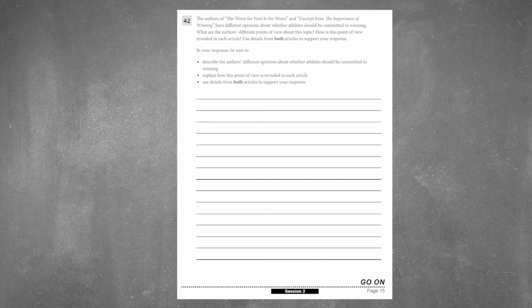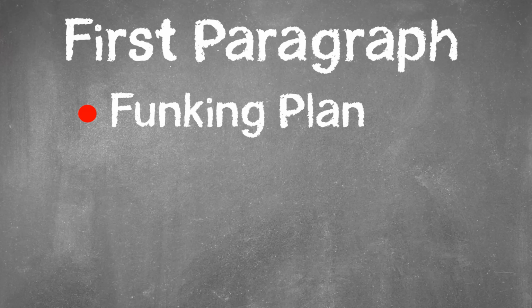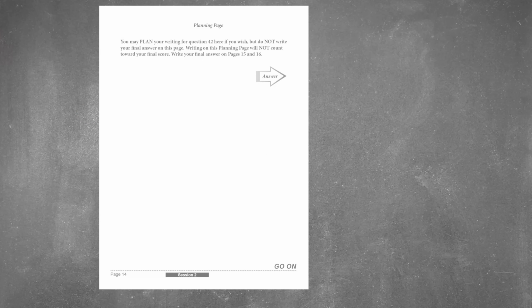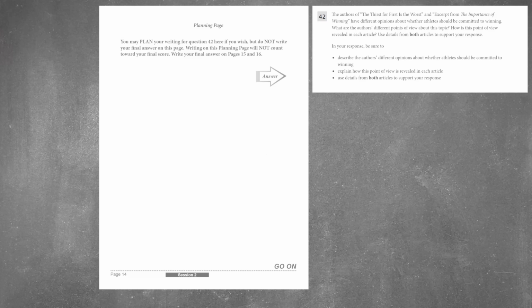Those are the 2 bullet points we need to answer. And lastly, it says use details from both articles to support your response. And they bold in both. So in our response, we're going to answer these questions set forth in the bullet points and then use both articles to cite. Before you write that first paragraph, I said it earlier, we are going to plan. We tear out that planning page, and then next to it, we'll put the question being asked.